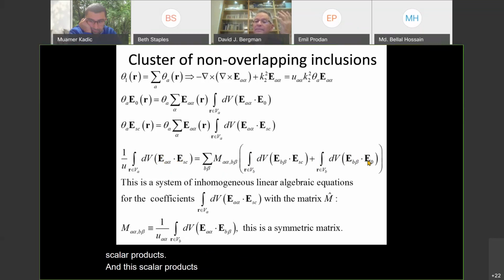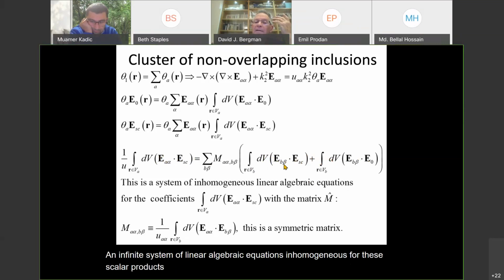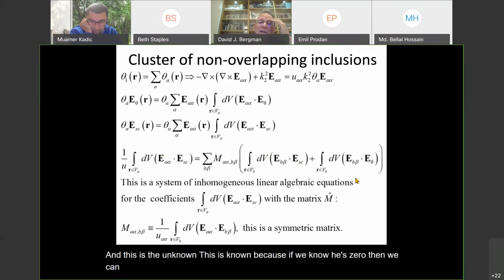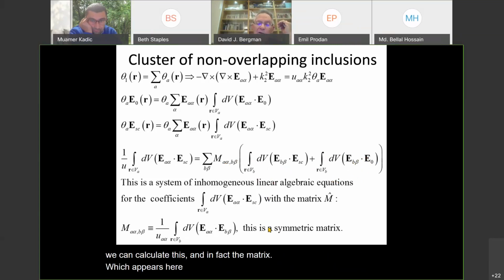Now this is actually an infinite system of linear algebraic equations, inhomogeneous, for these scalar products, because this is the unknown. This is known because if we know E0, then we can calculate this. And in fact, the matrix which appears here is a symmetric matrix. It's given by these products.